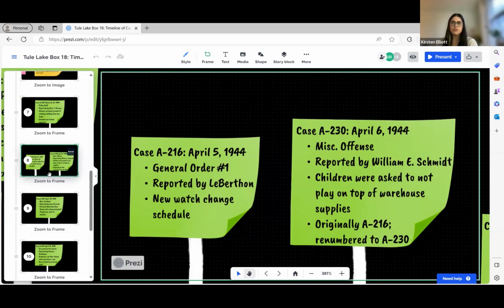And then case A230 was a case where children were asked not to play on top of warehouse supplies. They were not given any official reprimand. It was just recorded, I'm guessing because it was like a disturbance of peace or something. But yeah, this was a case where they retroactively did change the numbers to try to organize it.